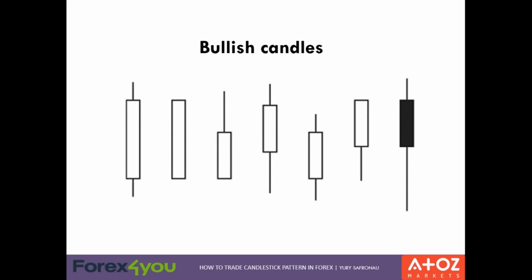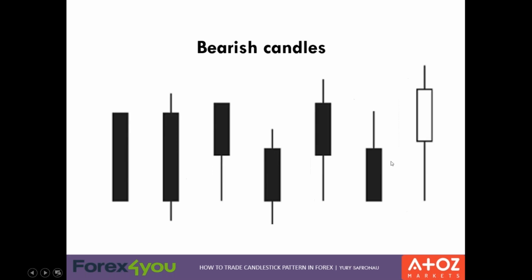The bottom, the intersession low of the candlestick, represents a touchdown for the bears. The top, the intersession high, is a touchdown for the bulls. The closer the close is to the high, the closer the bulls are to a touchdown. The closer the close is to the low, the closer the bears are to a touchdown.